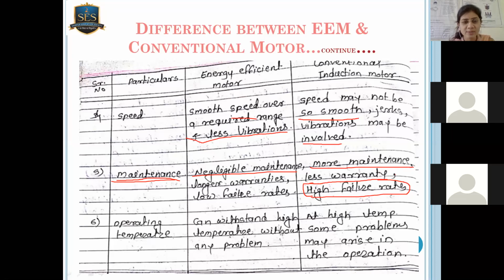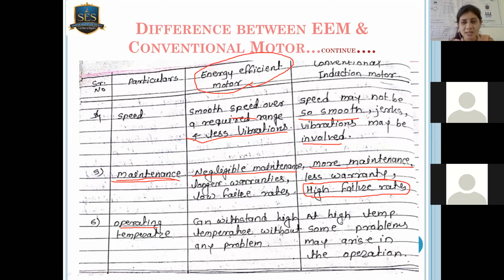And the last point of comparison is the operating temperature. This point we already discussed: it can withstand the higher temperature without any damage or problem. These energy efficient motors can withstand the higher temperature and can be operated at the higher temperature without any damage.